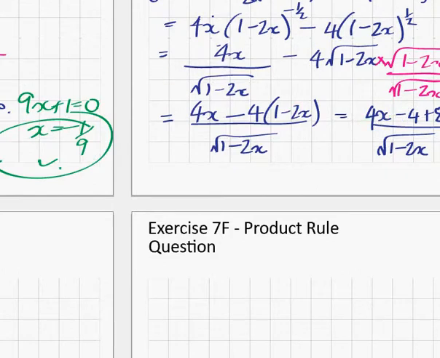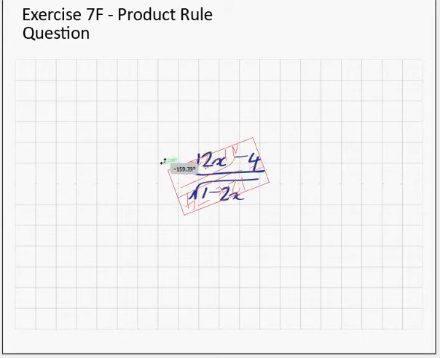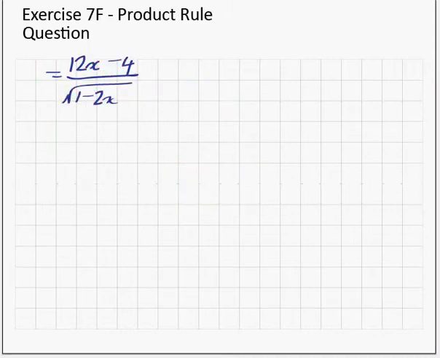Just copy that. So this was our gradient. We want to find where this equals 0.